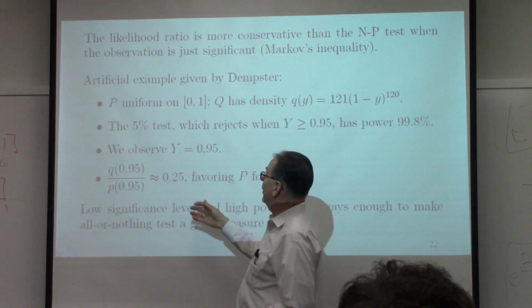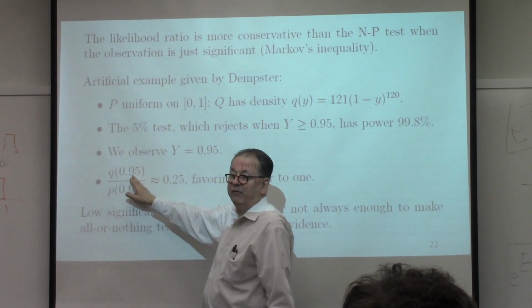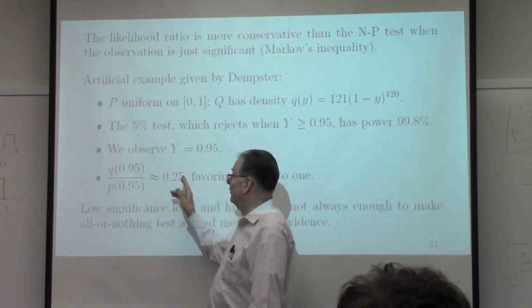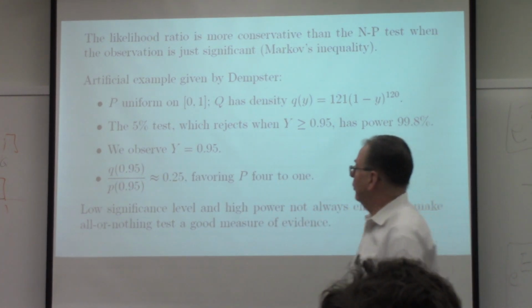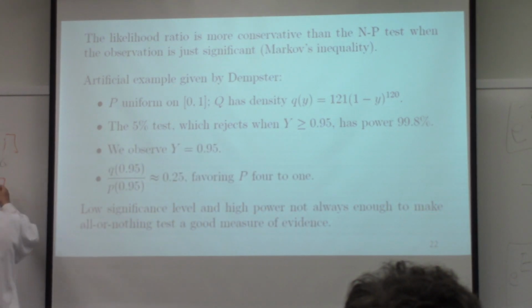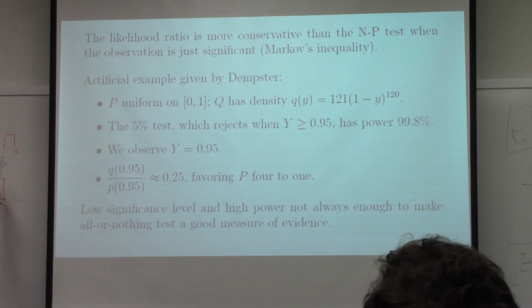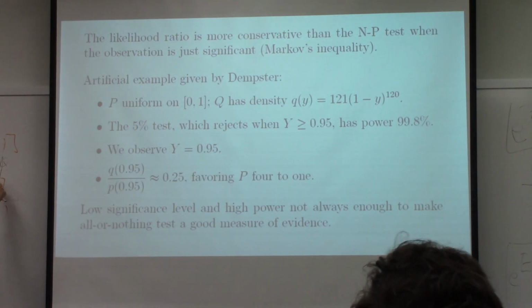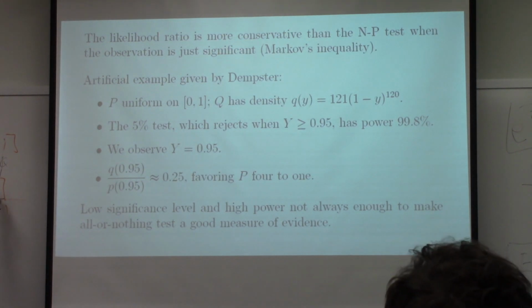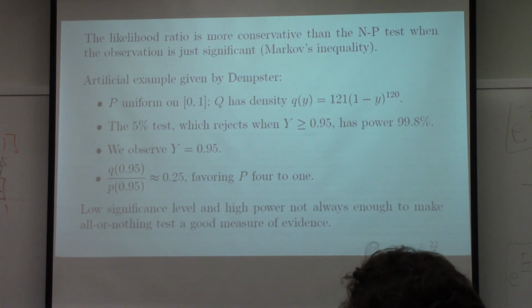But suppose you got a result that was just barely significant. Suppose you observe 0.95. What is the likelihood ratio? The likelihood ratio is 1/4. The point is that this thing is so peaked that even at 0.95, you're only at 1/4.